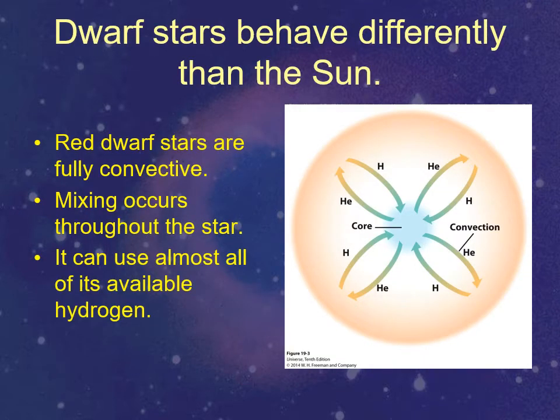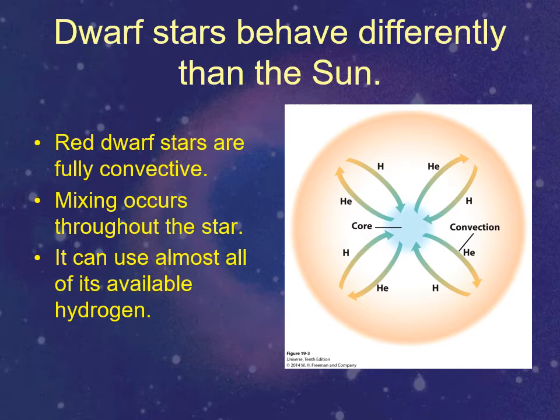Now, that idea assumes that all the fusion is actually happening in the core. One of the things we discover is that red dwarf stars, these little M class and then some of the late K class stars, and then the L type stars, and then the T's and Y's are actually probably failed stars, so they're probably brown dwarfs.